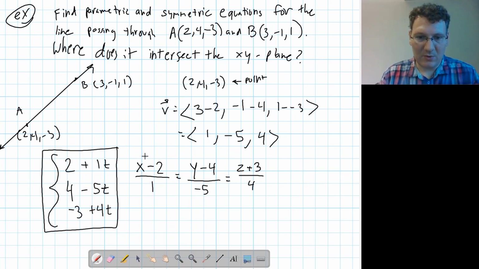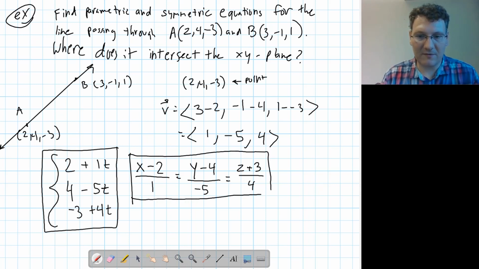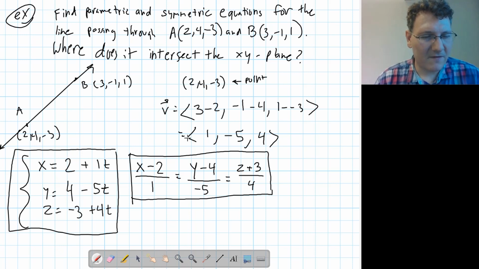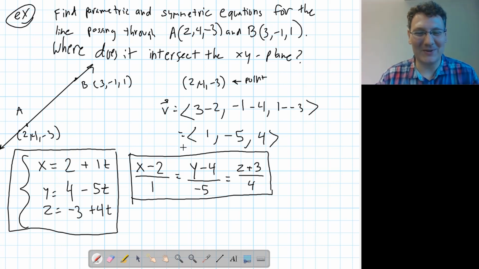These are the symmetric equations, I should say. Sorry, I just had to fix the parametric equations. I forgot the x equals, y equals, and z equals.